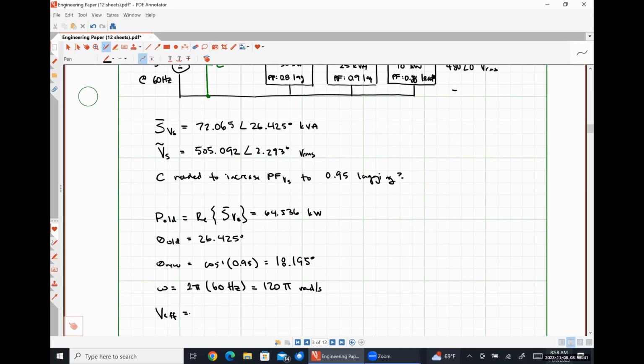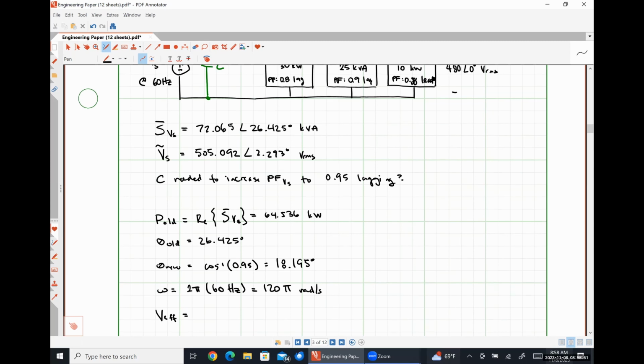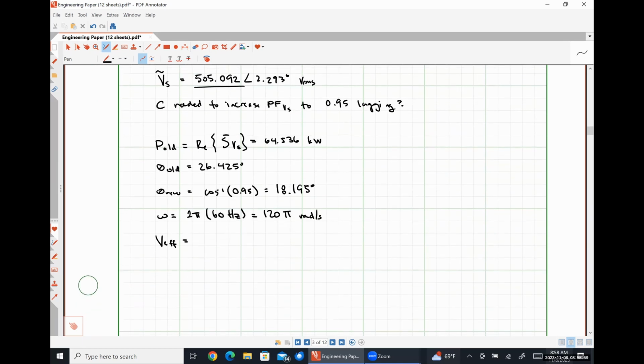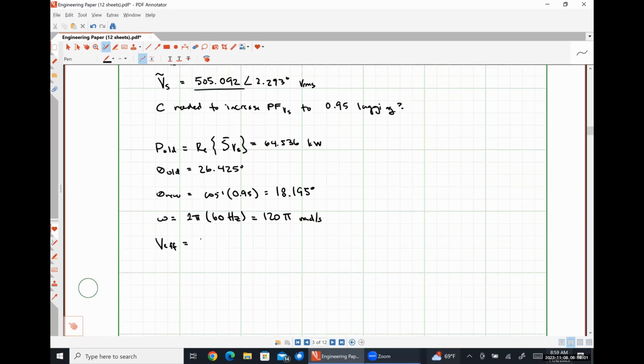Do we have the effective value of the voltage drop across our capacitor? The voltage drop across the capacitor is just Vs. So we just need the magnitude, 505.092 volts.